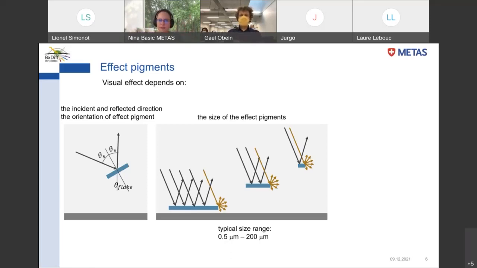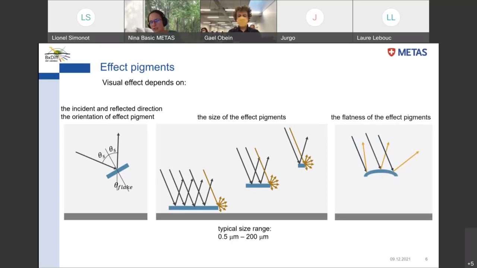The typical size range of this kind of effect pigments goes from 0.5 micrometer up to 200 micrometers. And when the size of the pigments is bigger, we should expect a bigger perception of sparkle or graininess. Okay?